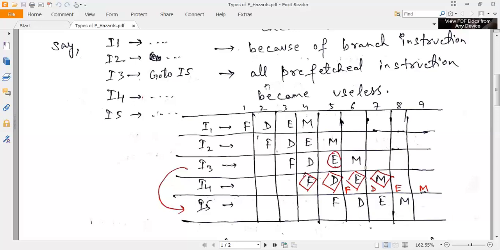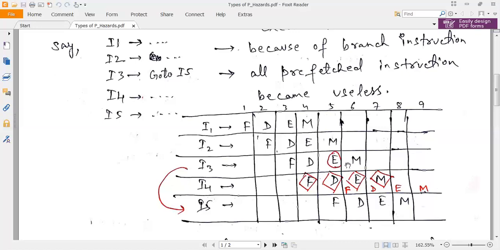So what I have written: all prefetched instructions become useless. This FD, fetching and decoding, becomes useless because at that time the control is moving from I3 to I5. So fetching and decoding of instruction number 4 is not required. It can be shifted, the fetching can start from clock cycle 6, or even after 9.